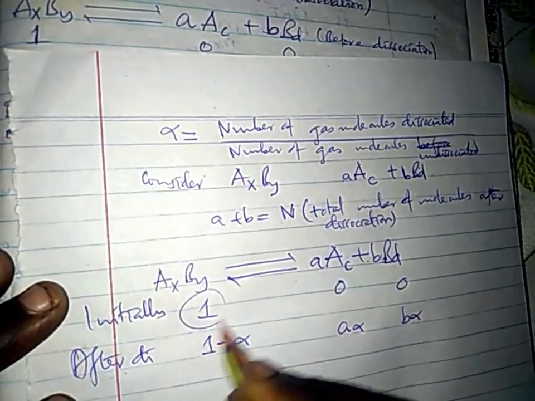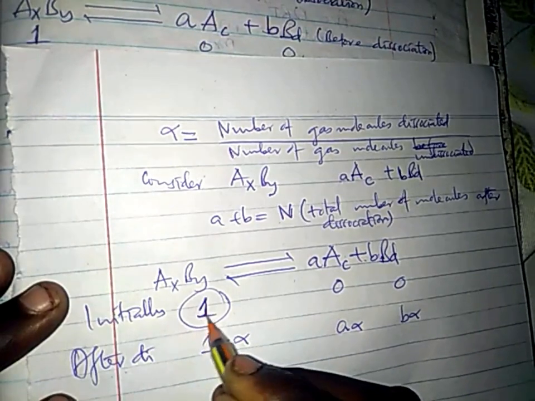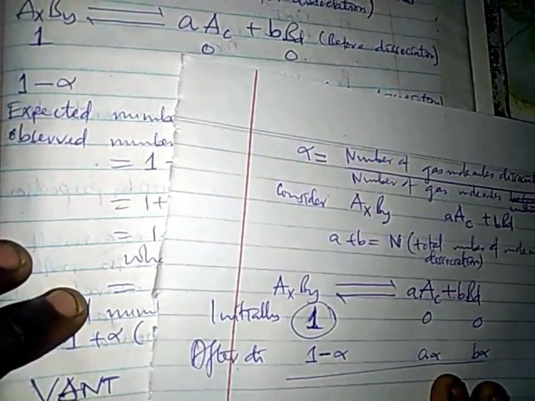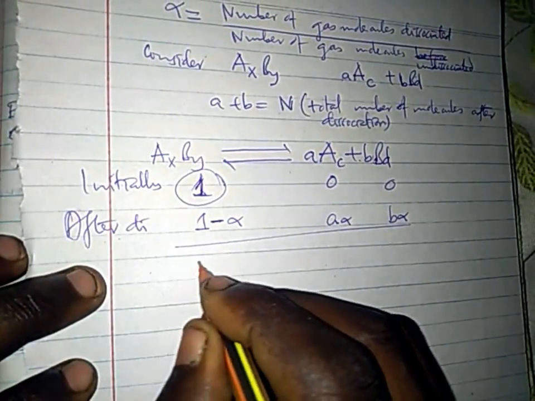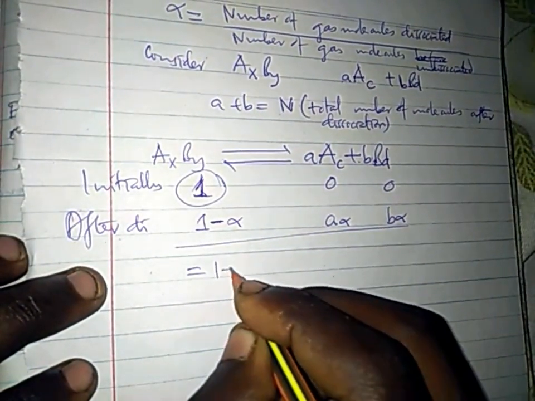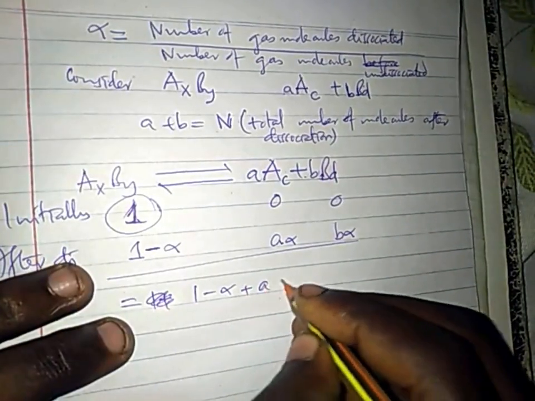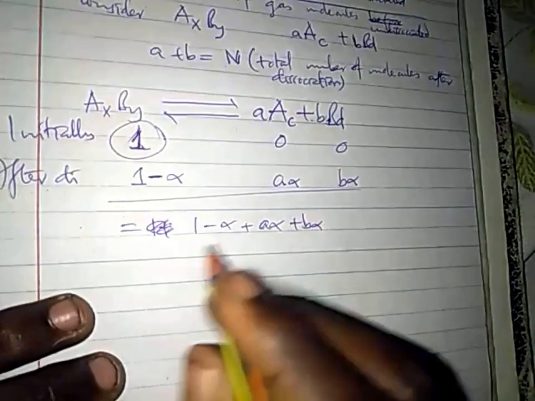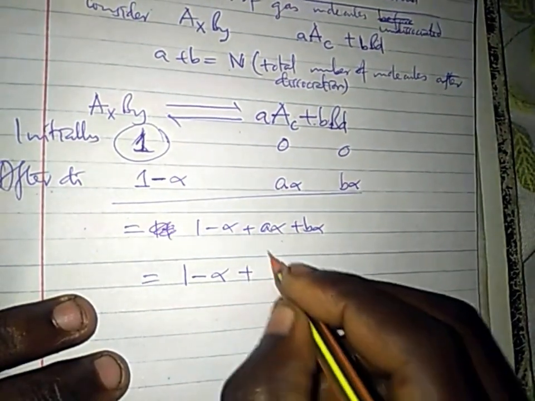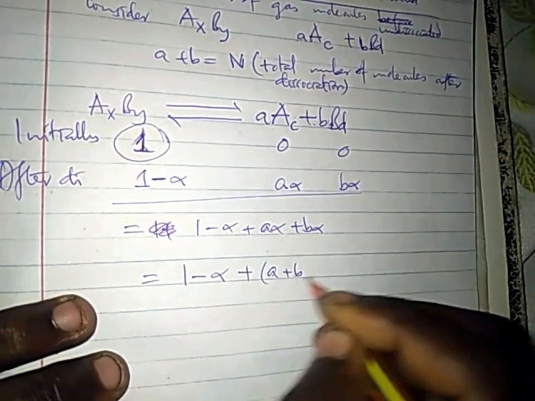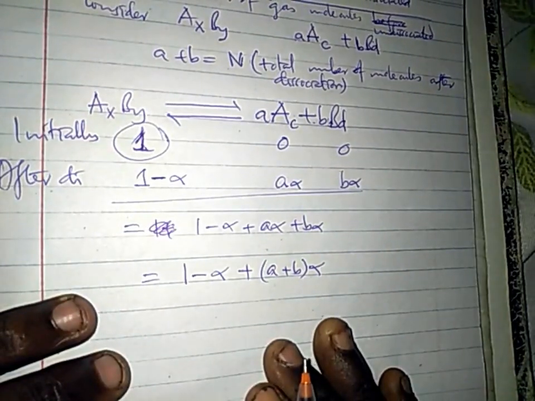So this is the number of molecules before dissociation. This is the number of molecules after dissociation. So now, taking the number of molecules after dissociation, itakuwa ni sawa na 1 minus alpha plus A alpha plus B alpha. Hapo tunaweza kuweka A plus B, tukaweka alpha nje.